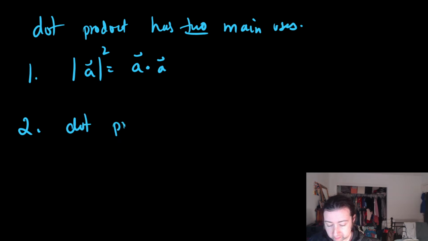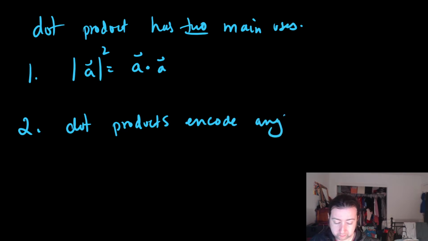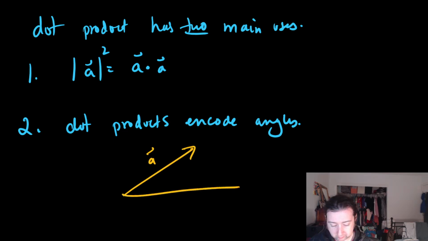Dot products encode angles. So what do I mean by that? I mean, if I have a vector A and a vector B, and I put the angle theta in between them, then it turns out there's this really nice formula involving the dot product.